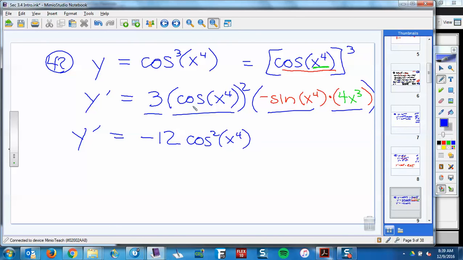I can put that as cosine squared, but I can leave it like this too. I don't care. And then the x to the 4. Oh, and what did I forget? I forgot my x cubed. I would probably put that around here with the 12, so I'd have negative 12 x cubed. Probably a good place for that. Okay? That would be on the tough side of things, probably, just because it was like a double chain rule, you know, inside and then some more inside.